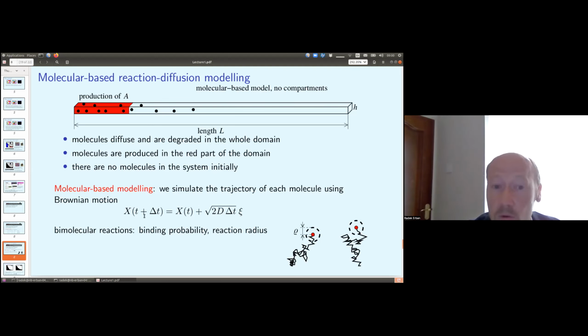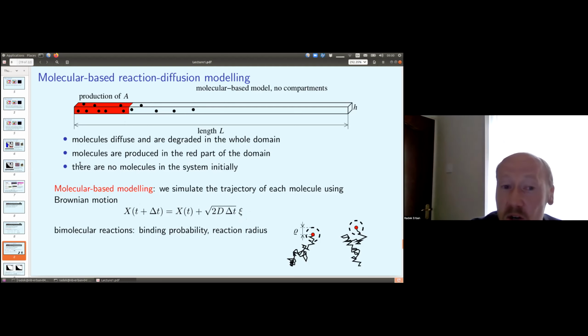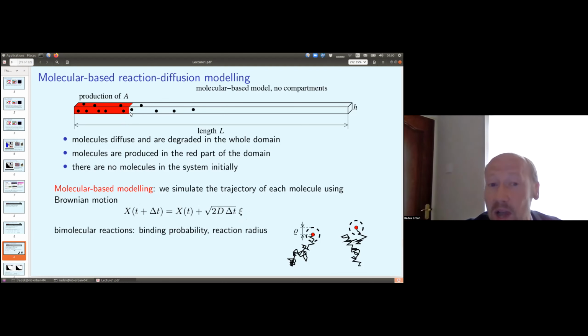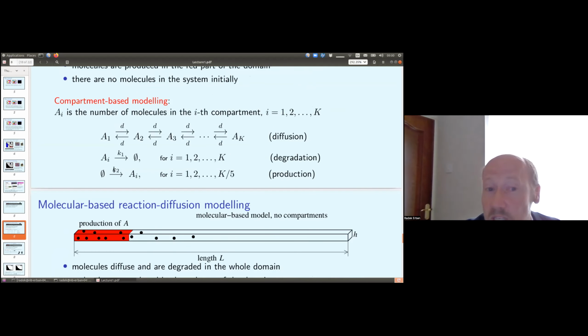Yeah, it's a good question. I didn't put it here, but each particle will be simulated by this rule: the position at the next time step is the position at the previous time step plus some random number, which is normally distributed with the corresponding scale. But then you have a variable number of particles. You have no particles at the beginning, and you have to keep some data structure which adds particles according to some rate, consistent with this production rate here.